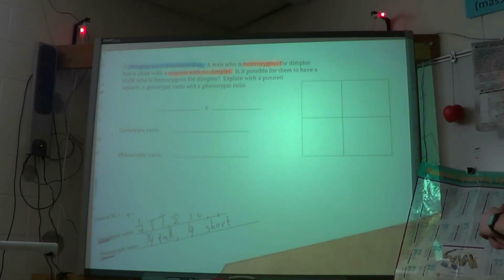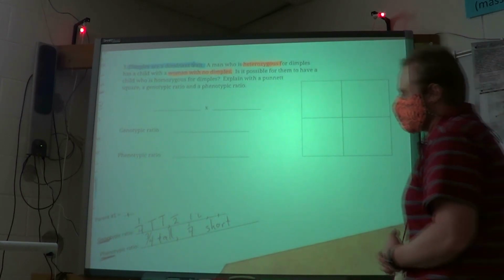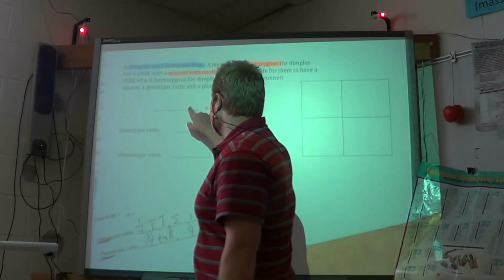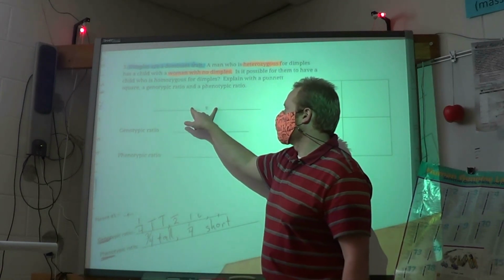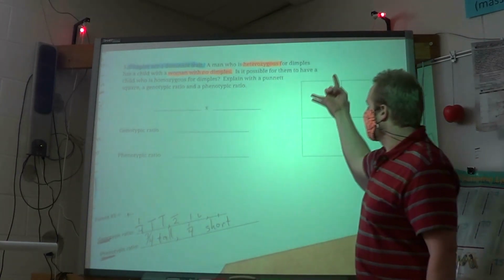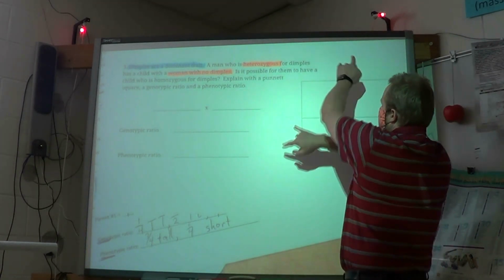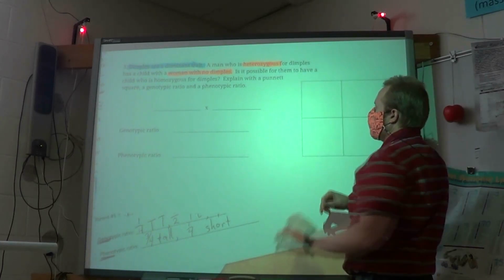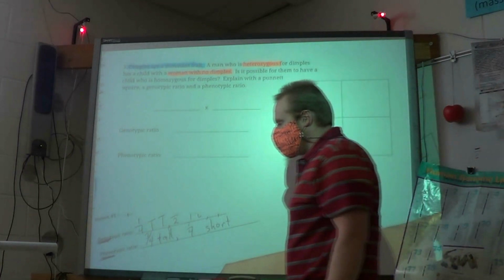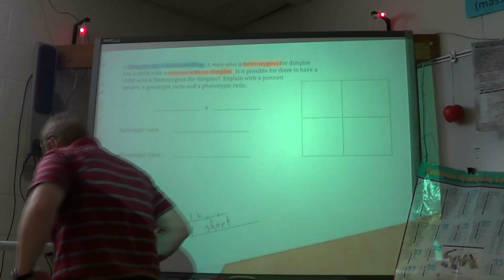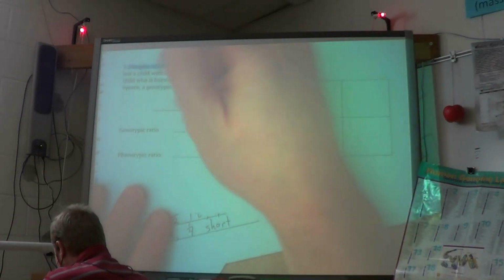So they tell us the traits of mom and dad. Dad is heterozygous. Mom has no dimples. So let's start with dad. It doesn't matter where we put dad versus mom, just so we're clear on that. A man who is heterozygous for dimples, and again, I'm going to use D for dimples.